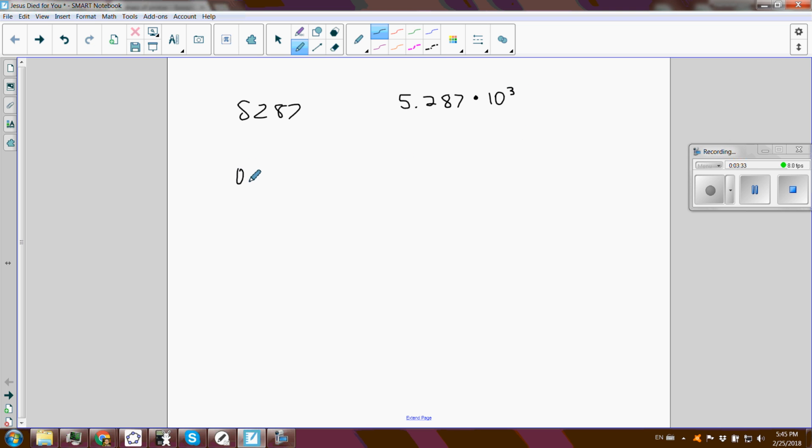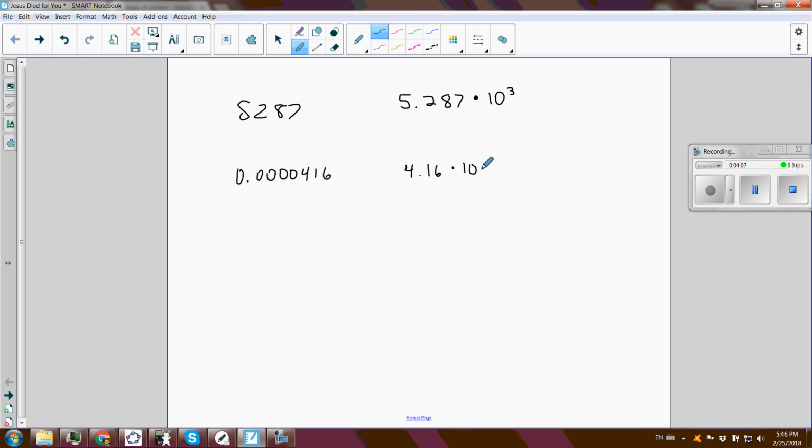Suppose we want to convert 0.0000416. Well, in scientific notation, that will be 4.16 times 10 to the something. Here, in order to get this really small decimal, we'd have to multiply 4.16 by a really small fraction.